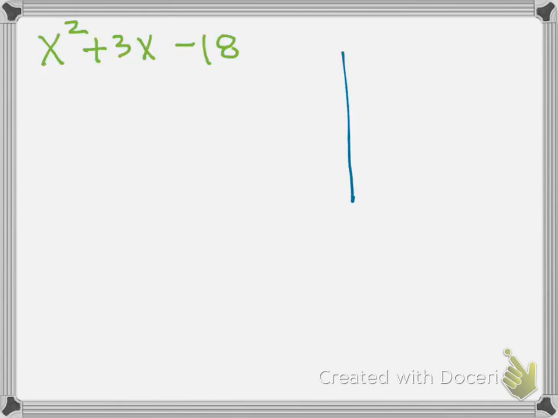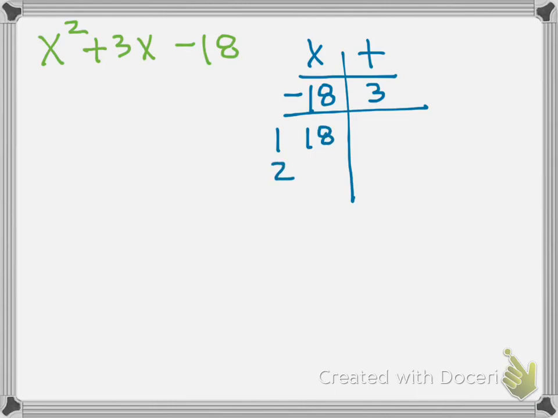Okay, here's the next problem. What multiplies to give me negative 18, and the same numbers add to give me 3, because B is 3? 1 and 18, 2 and 9, 3 and 6. Those are the factors of 18. I know it has to be negative 18, so one of the numbers has to be negative, because a positive times a negative gives you a negative.